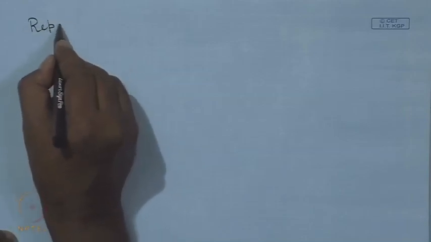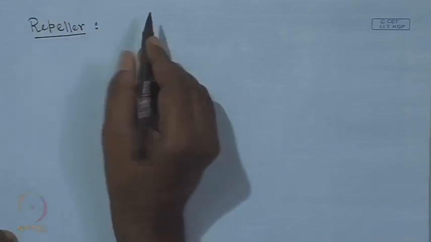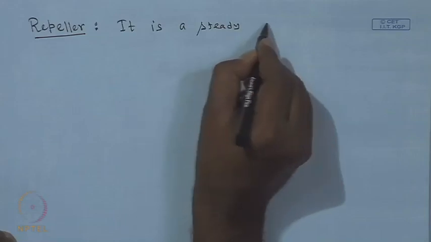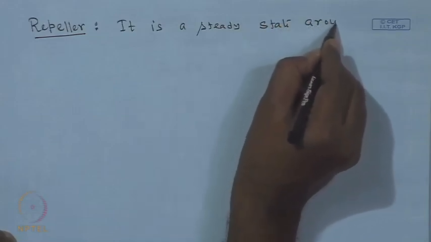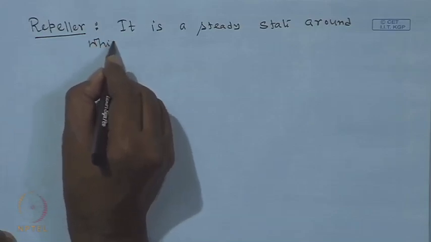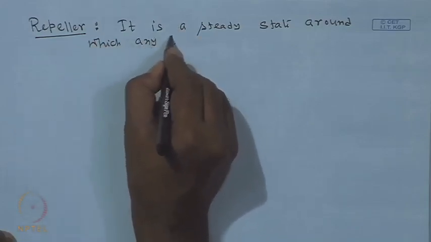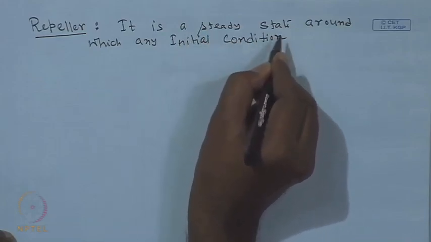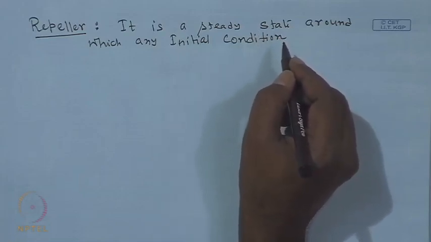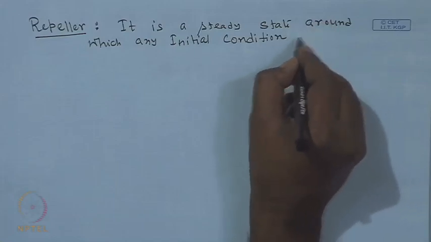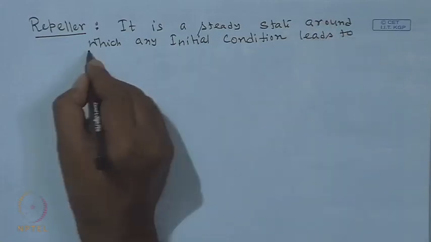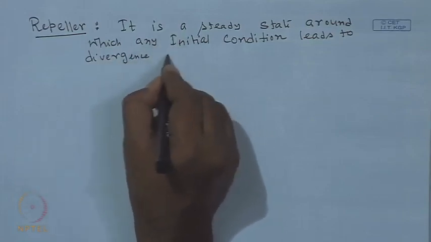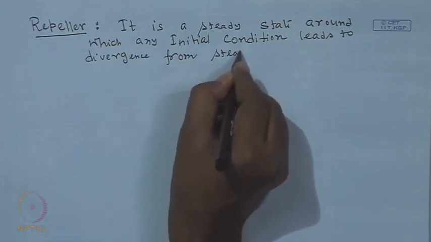A repeller is a steady state around which any initial condition leads to divergence from the steady state.